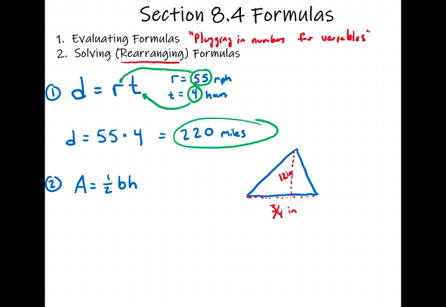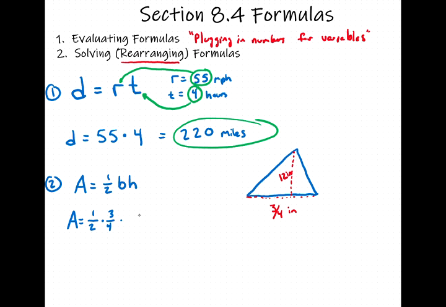So when we evaluate this equation, again, that means plugging those numbers in for the variables. So we would say area is equal to 1/2 times the base, which is 3/4, times the height, which is 12. And if you want, you could treat that 12 like a fraction, 12/1.